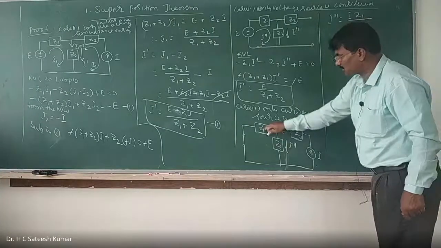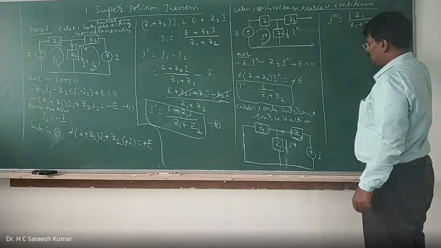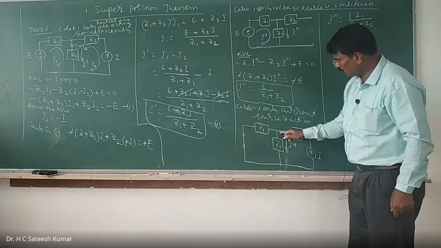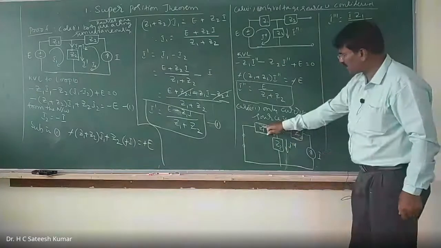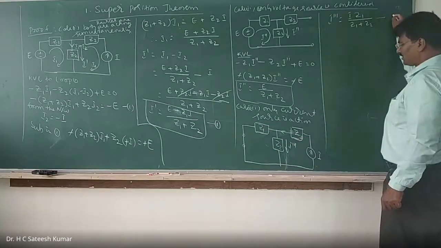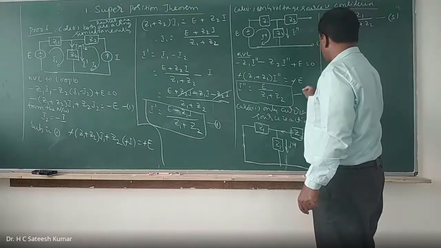Only these two resistances should be considered, Z1 plus Z2. We should not consider this one, because current is dividing here only. So this you call equation number 3, and this one equation number 2.